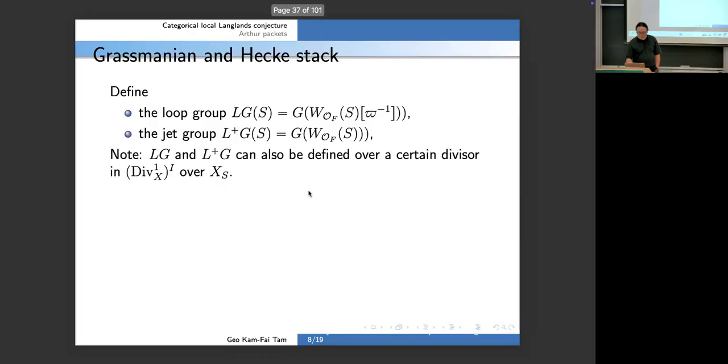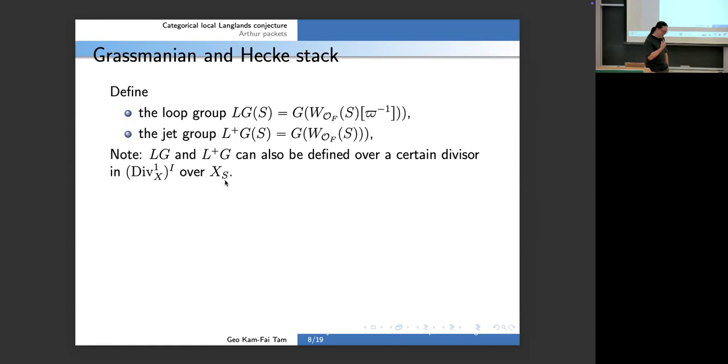Here I sort of suppressed a little on the notation. In fact, both groups can be upgraded to contain the scalars in the field defined by a divisor. You can choose a certain divisor in this Fargues-Fontaine curve.